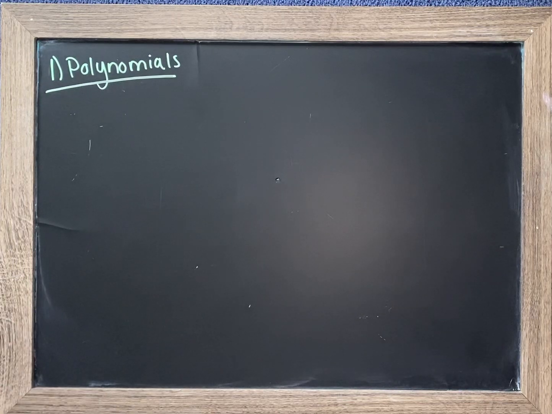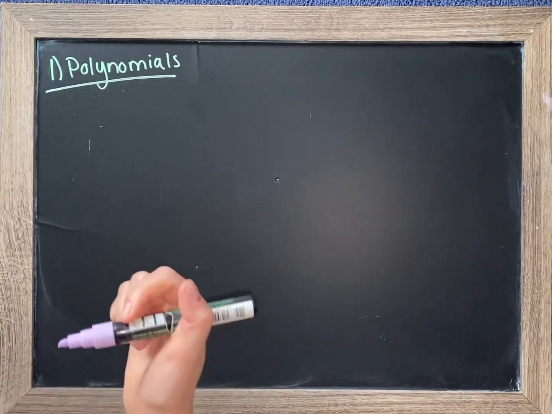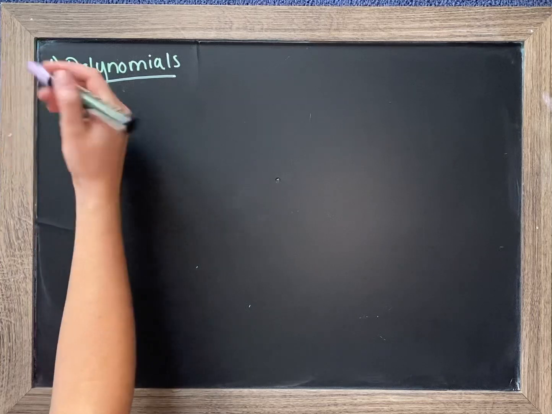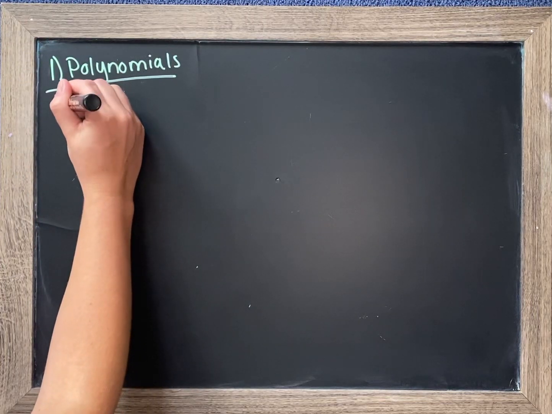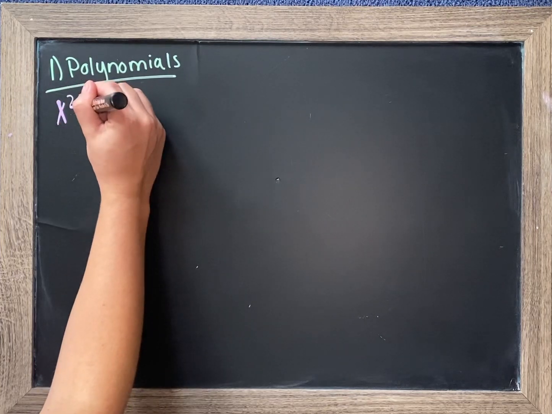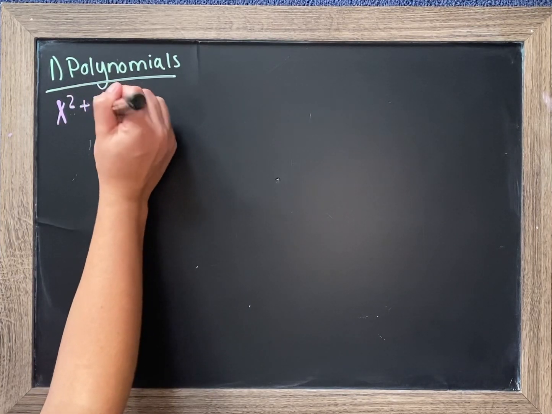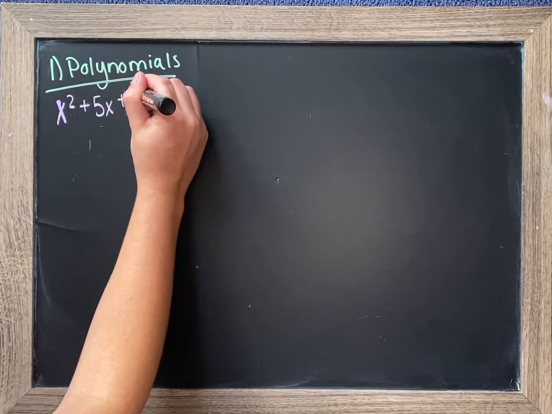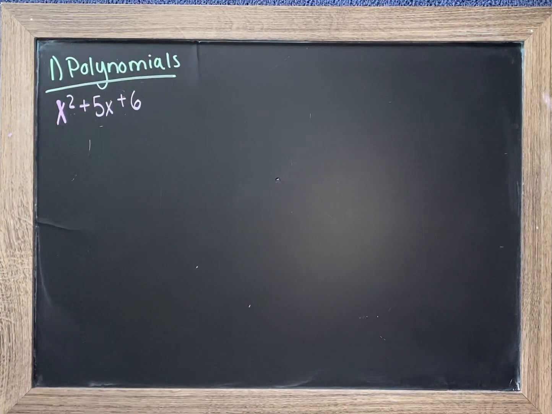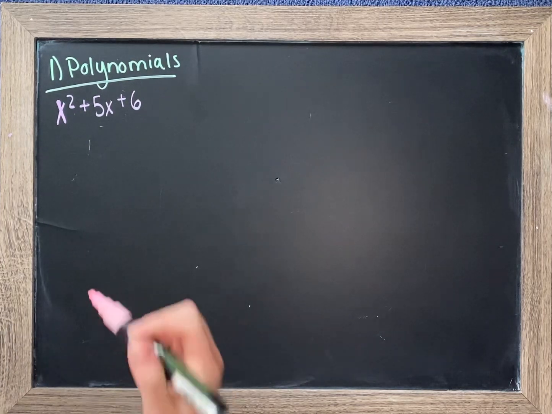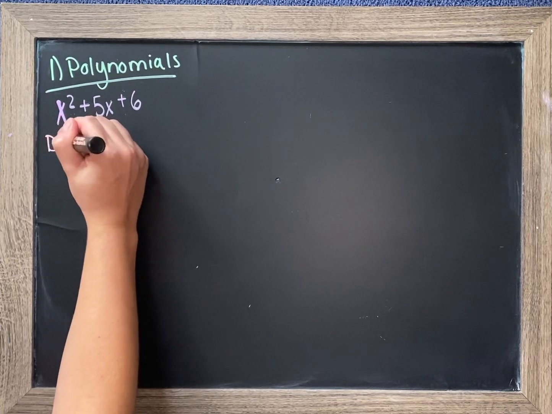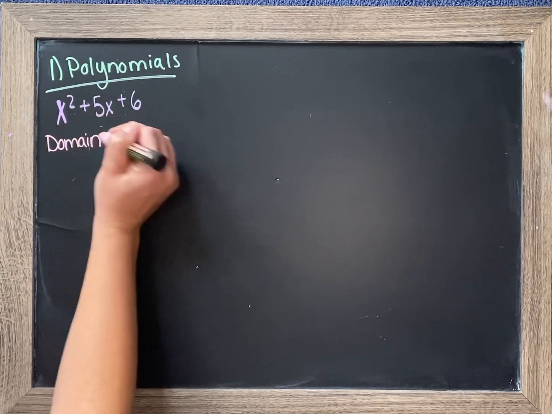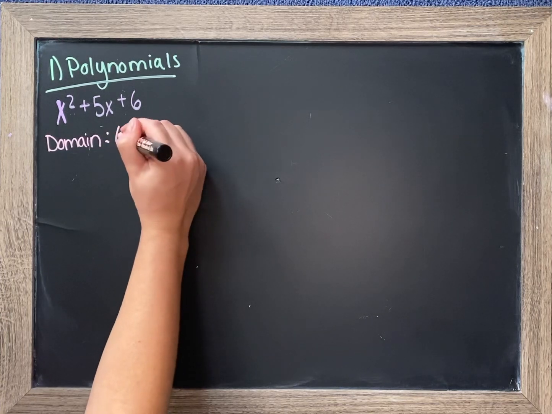When you're working with a polynomial, for example, you have x squared plus 5x plus 6. What you need to know when you're working with the domain for a problem like this is that the domain is going to be all real numbers.